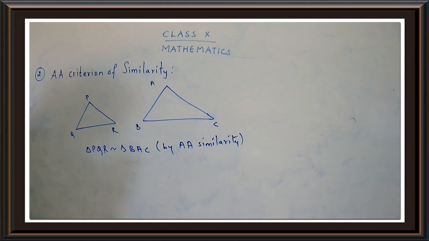Just see here, if two angles of one triangle are respectively equal to two angles of another triangle, then the two triangles are similar.